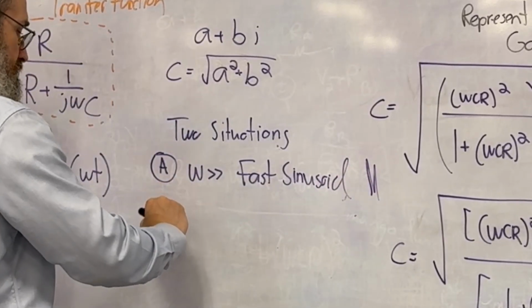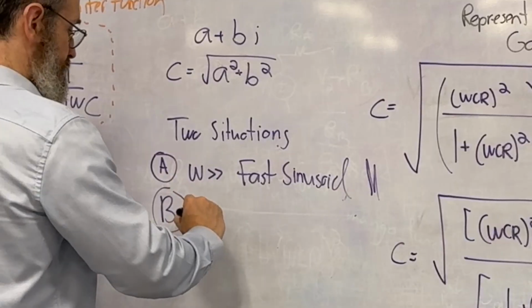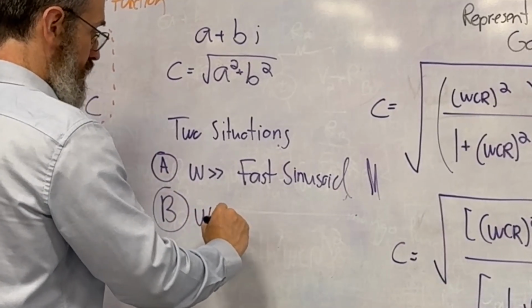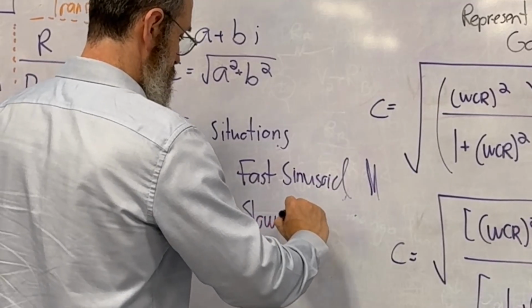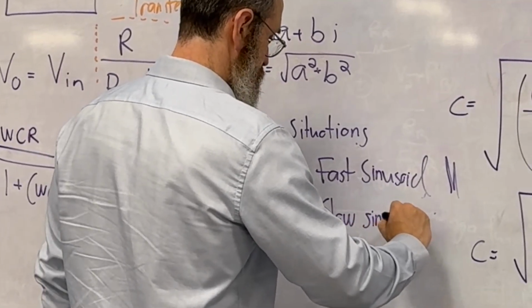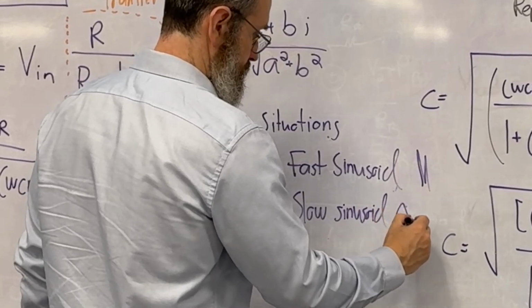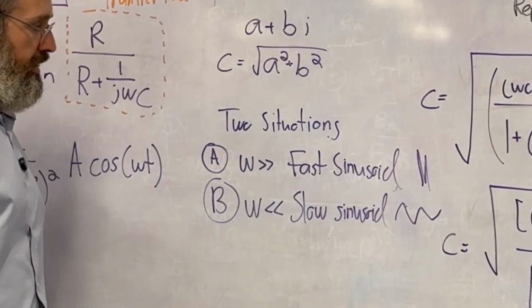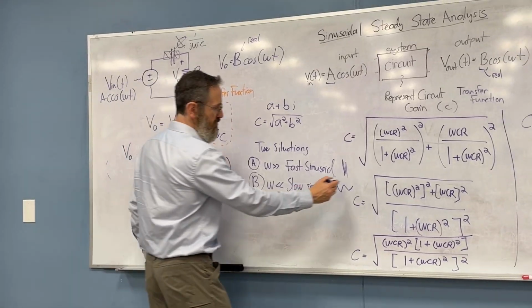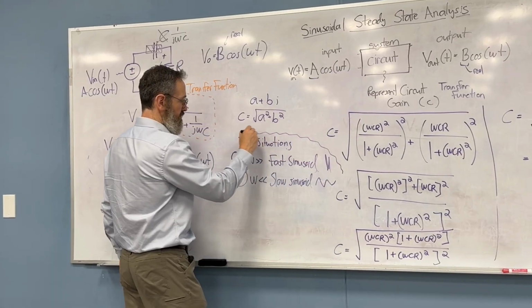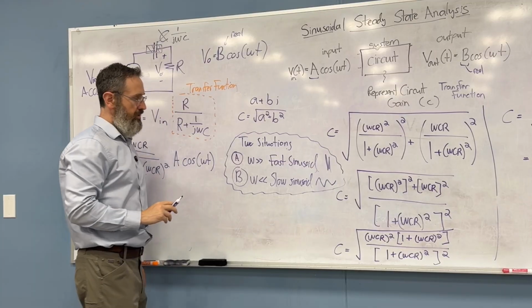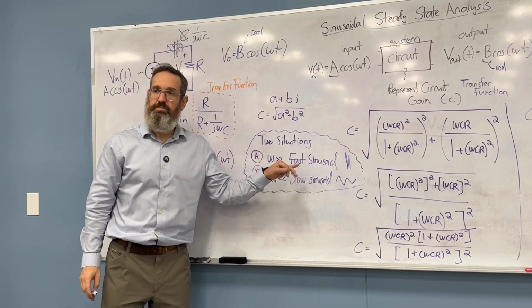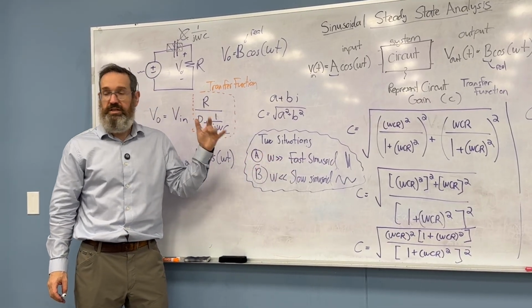As you can imagine, situation B is when the frequency is very small, so that is a slow sinusoid. So I want to consider these two situations for both these circuits. We can plug in actual numbers, but let's try to do it just thinking about big and small.